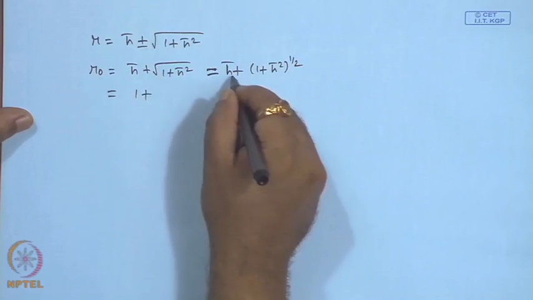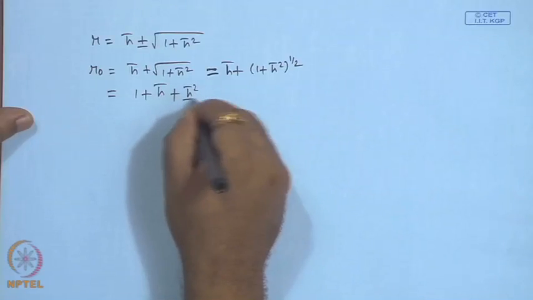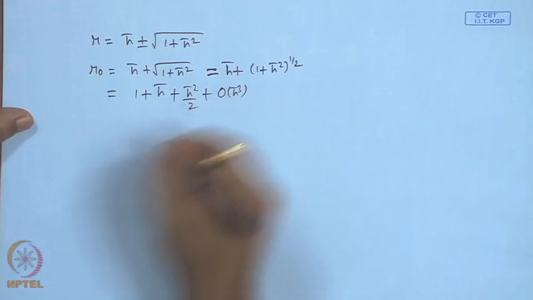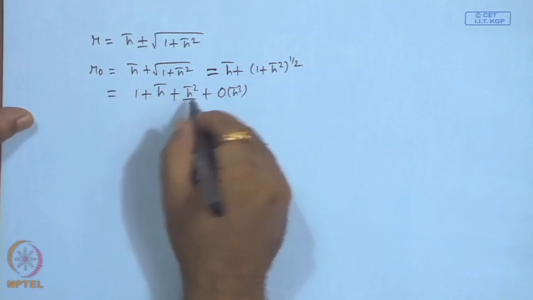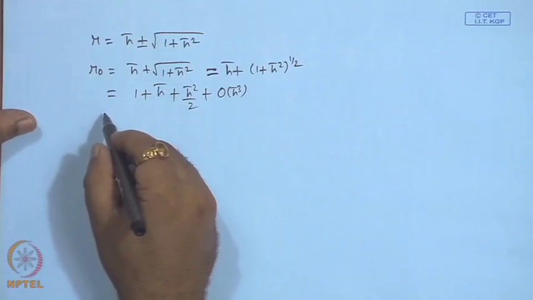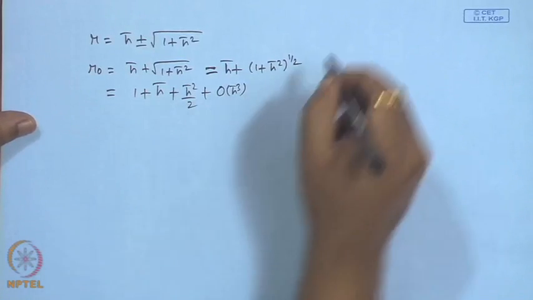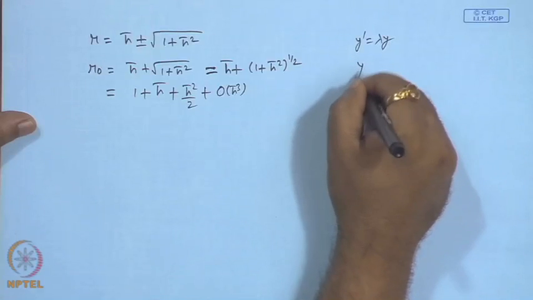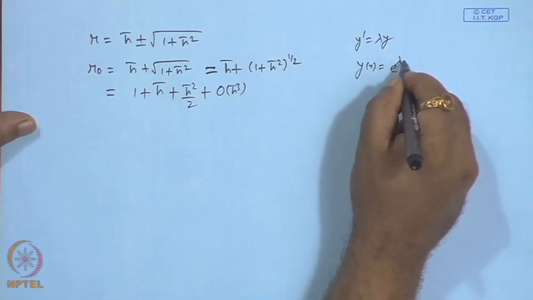So, I write that first, then h bar here, then h bar square by 2 plus the higher order terms. Okay. So, if you try to approximate, okay, see what was our equation, and naturally the exact solution must be of this form.